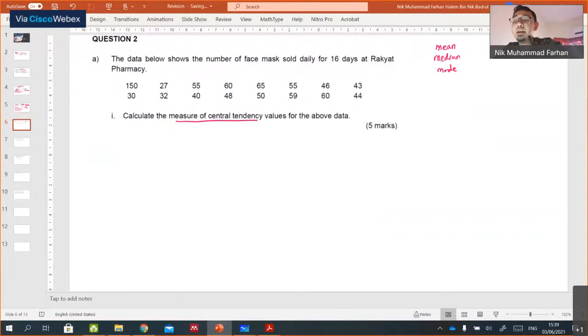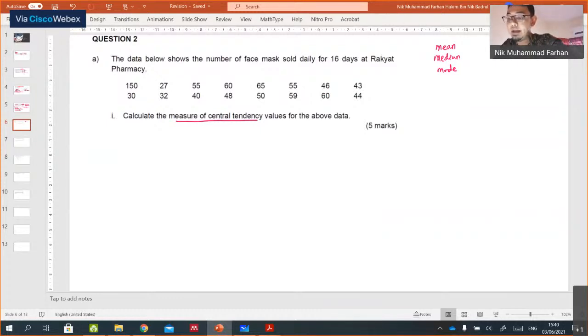So what about this one? This one is ungroup data, right? Ungroup data pula boleh dipecahkan kepada ungroup data with frequency dan ungroup data without frequency. What about this one? Ungroup data without frequency kan? Right. So when you have ungroup data without frequency in this case, you perlu buat ialah you susun terlebih dahulu. So you have to rearrange the data.